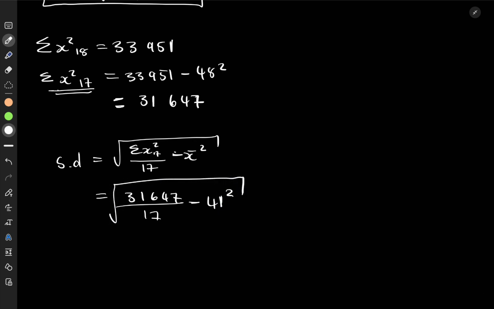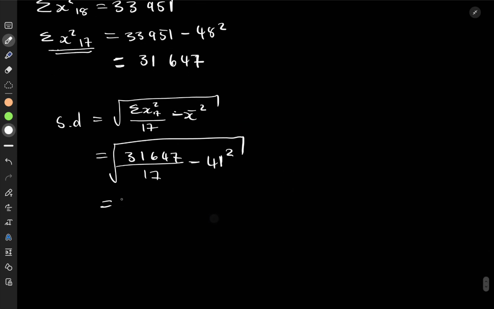Don't forget to square it. I'll say 31,647 divided by 17. I'll get an answer. Then I'll say minus 41 squared. Then I'll say square root, and I'll get 13.43, blah, blah, blah, which is just going to be 13.4 to 3SF. And this is going to be your final solution.